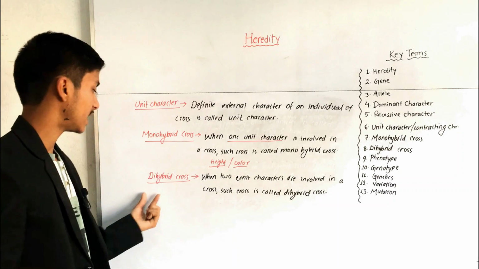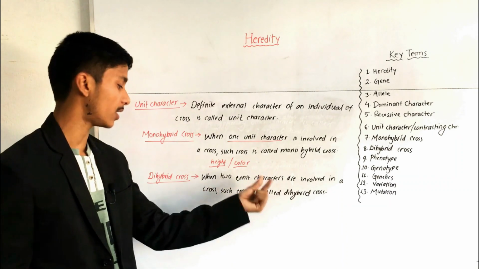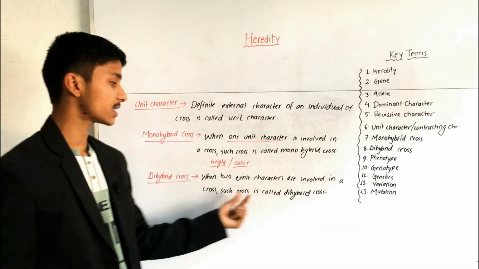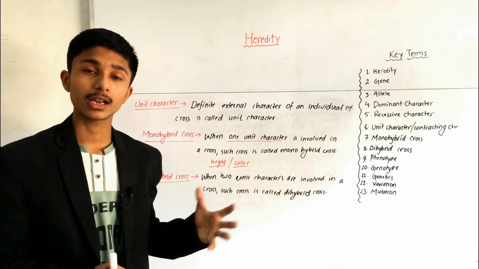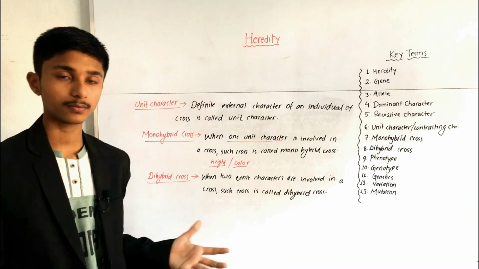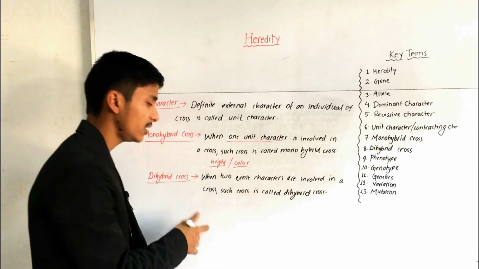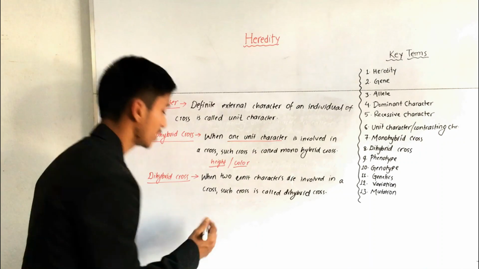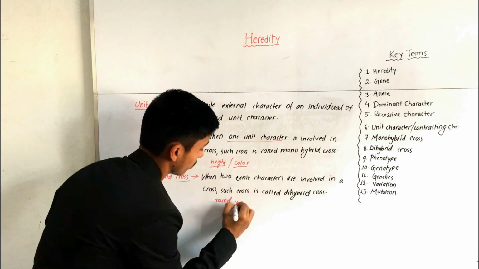Similarly, next, that is dihybrid cross. What is a dihybrid cross? When two unit characters are involved in a cross, such a cross is called a dihybrid cross. Two unit characters means height can be one and color can be another. For example, in P we generally take round and yellow.